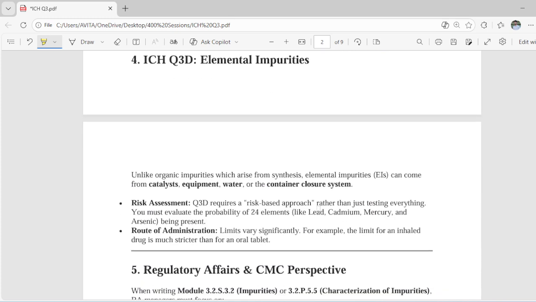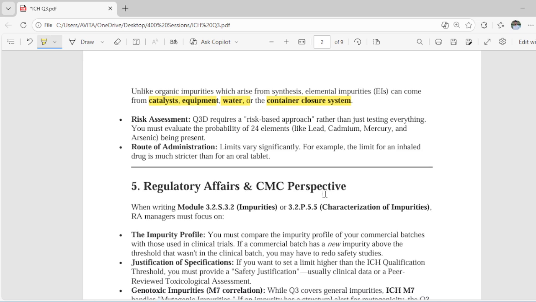Moving on to the ICH Q3D elemental impurities. Unlike the organic impurities which arise from the synthesis, elemental impurities can come from the catalyst, your equipment, water, or the container closure system. Then for risk assessment, Q3D requires a risk-based approach rather than just testing everything.